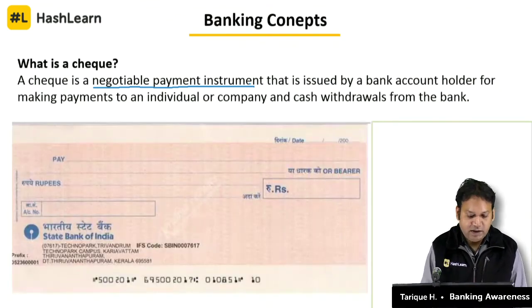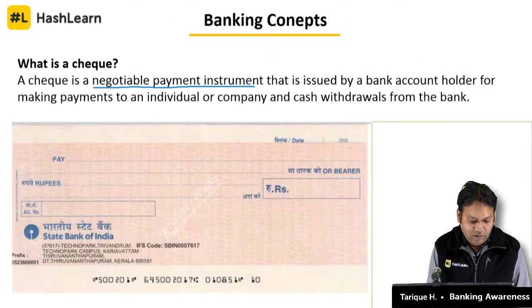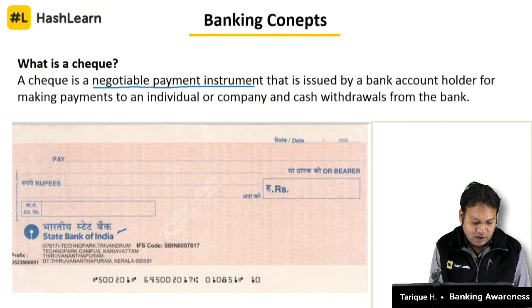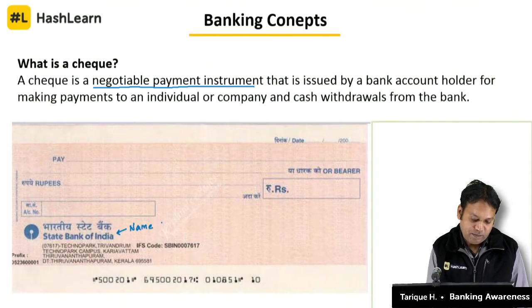Let's look at a check leaf here. What are the different things that you will find on a check leaf? First, there will be the name of the bank, the bank that is issuing the check, from which the check originates.